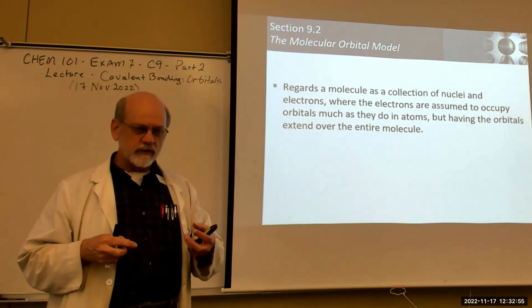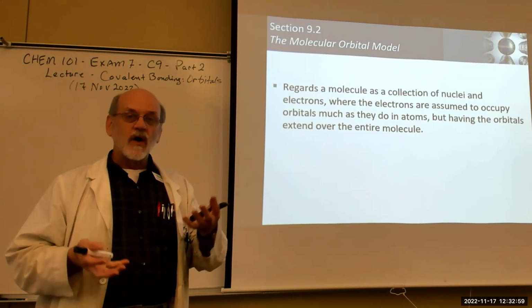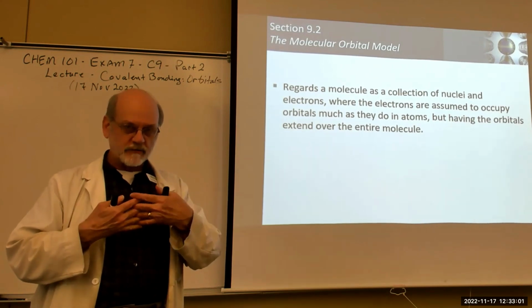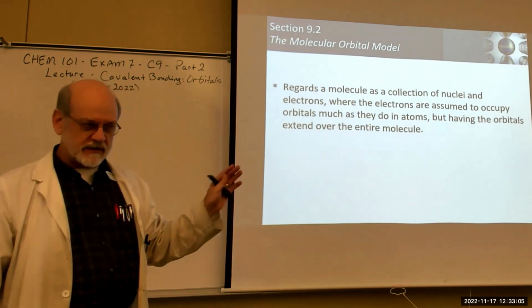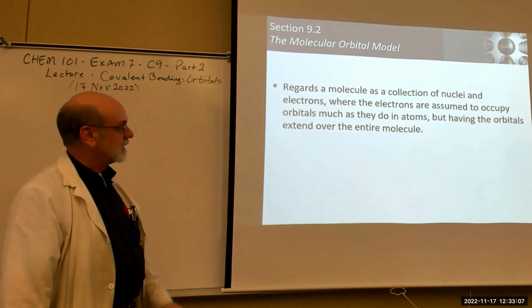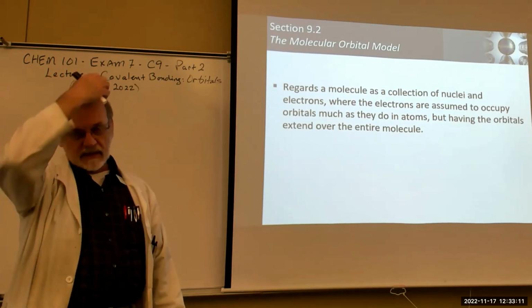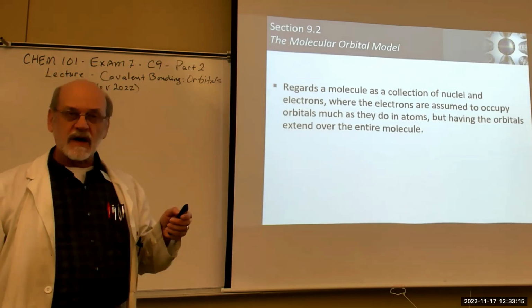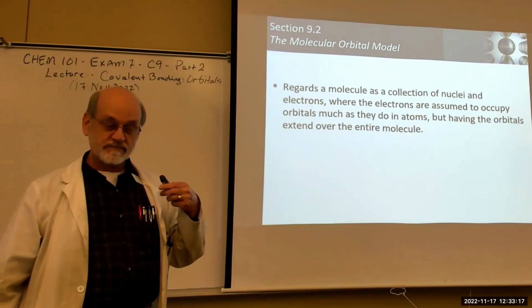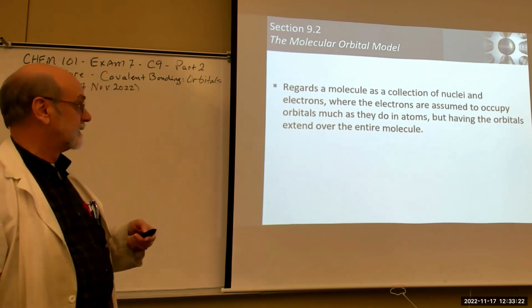But the orbitals that the electrons occupy simply overlap from one atom to the next to form the bond. That has its limitations, and we discussed those last time. We needed a better model, and the molecular orbital model does a fairly good job of solving some of those problems.